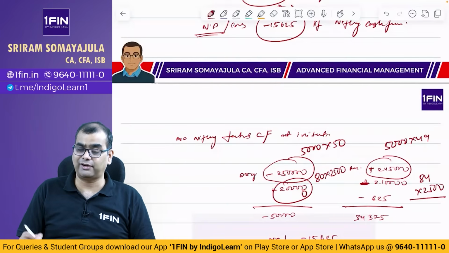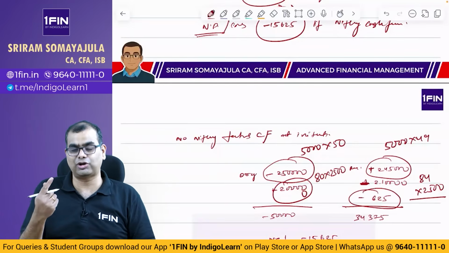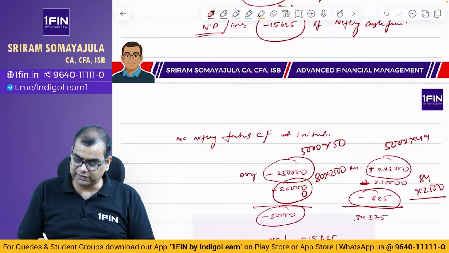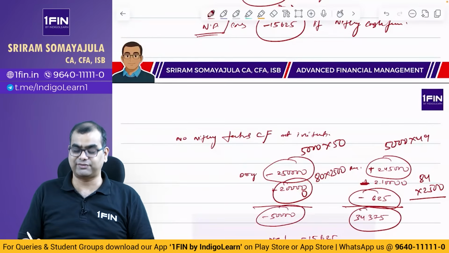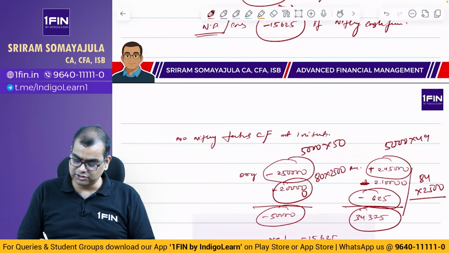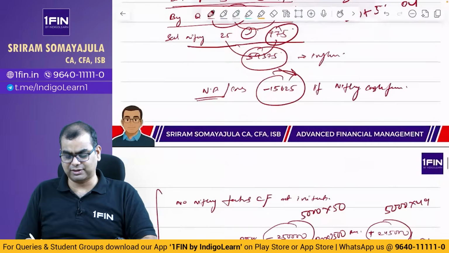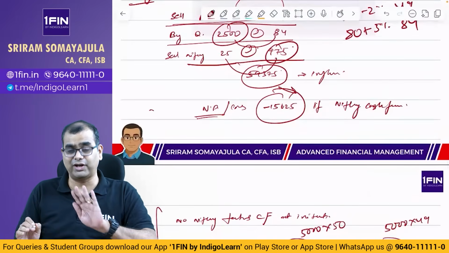So you basically have an outflow of 2,10,000. And in case of Nifty, you lose 625. Why 625? Because on each unit you lost 25 bucks and you had 25 contracts, 25 into 25, 625. So minus 625. So initially your outflow was minus 50,000. Subsequently your inflow is 34,375. When you add all these three, you have a net flow of minus 15,625. According to me, this is the right way, but the way the institute does it, I've solved it the other way also.